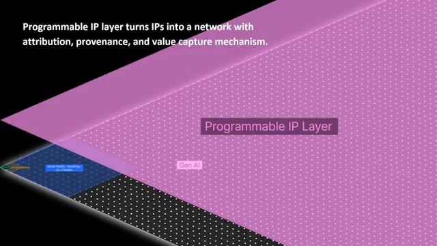And what we think the two core elements of our protocol allow is the programmable IP layer that's responding to this age of generative AI. Because now with NFT primitives, you have the ownership around the IP. And with our nouns and verbs, you can set self-enforcing, autonomous rules of engagement around your IPs.